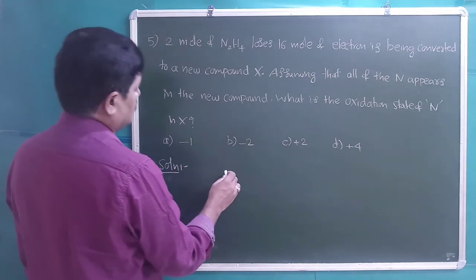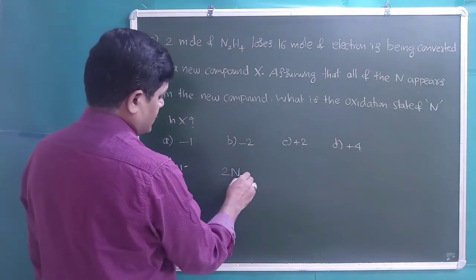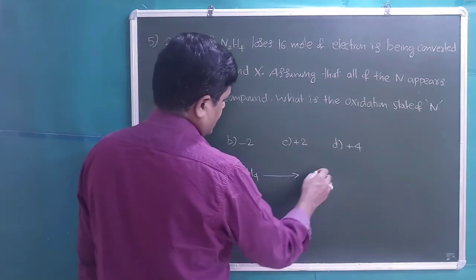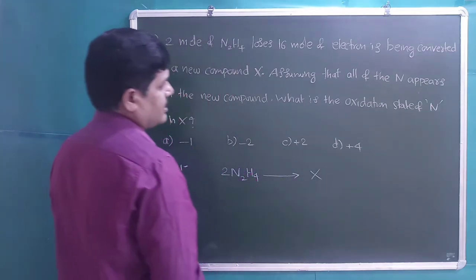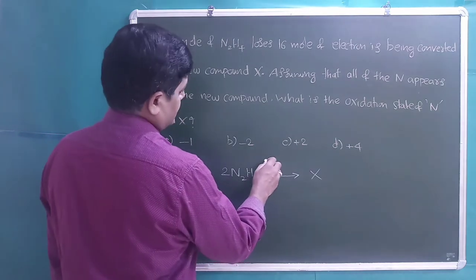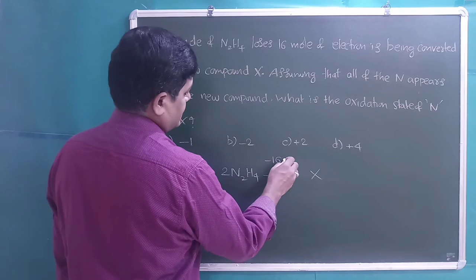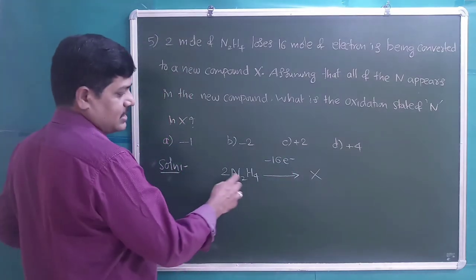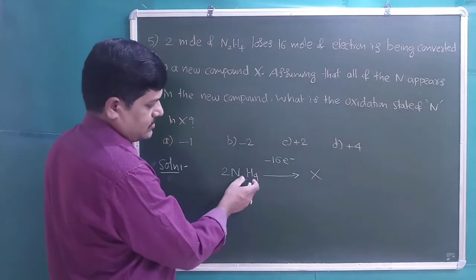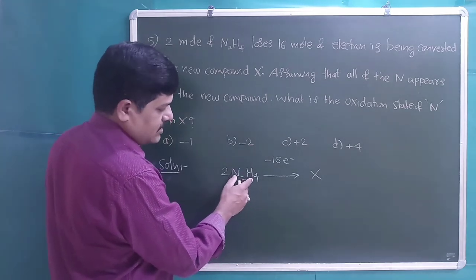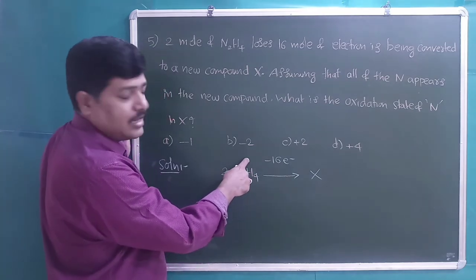Students, the 2 moles of N2H4 are converting into a compound X by losing 16 moles of electrons. Let us calculate the oxidation state for the 2 given elements in the given compound. Hydrogen +1 is the general oxidation state.